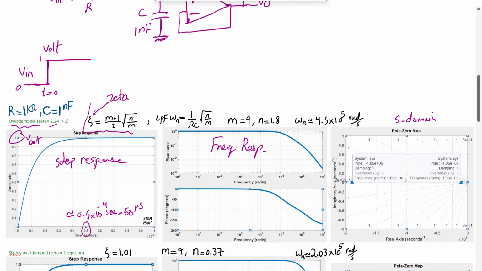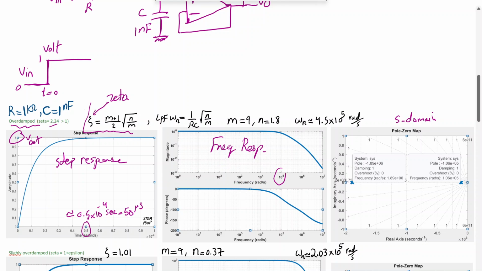You can see the frequency response at low frequencies, like 1 radian per second up to close to 10 to the 5 radian per second, is flat at 1, indicating that the response of the filter is just 1. Whatever comes in these frequency ranges at the input of the filter will appear at the output of the filter without change.